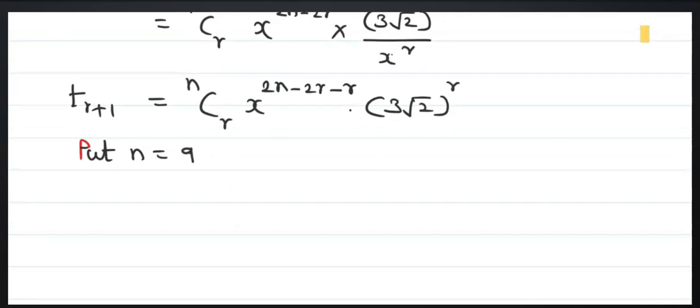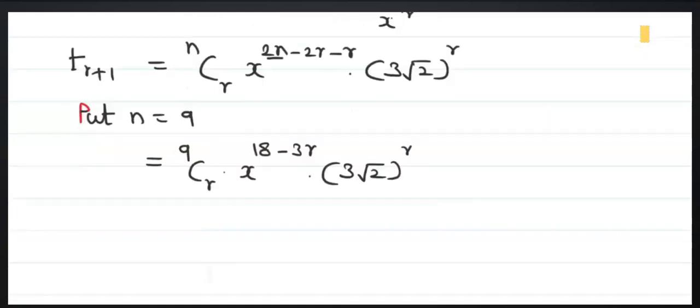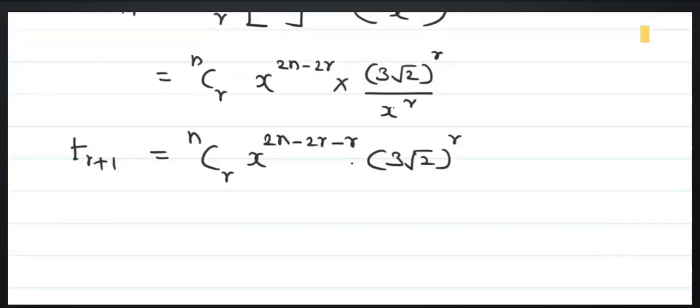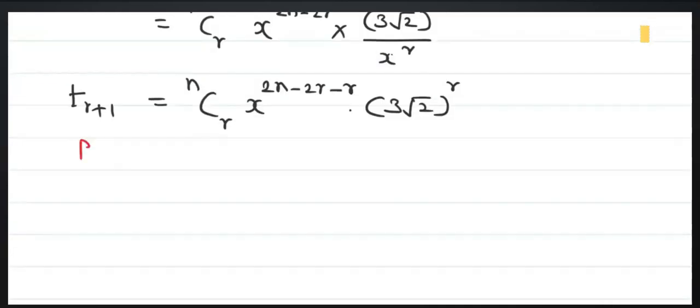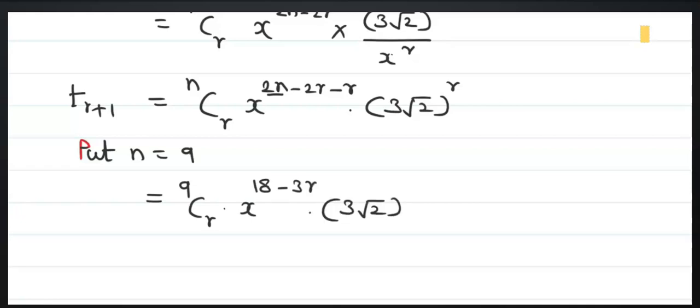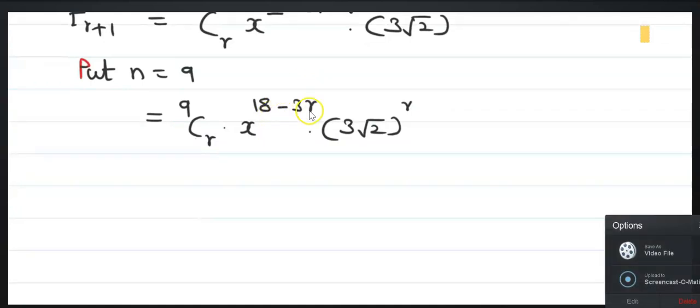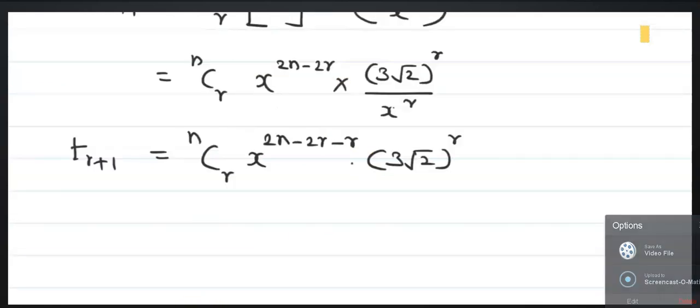Put n is equal to 9. After substituting n is equal to 9, you will get x raised to 18 minus 2r minus r, that is 18 minus 3r, (3 root 2) raised to r, because here is minus 2r and minus r, it becomes minus 3r.